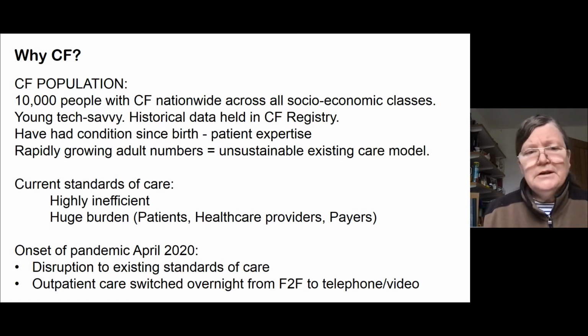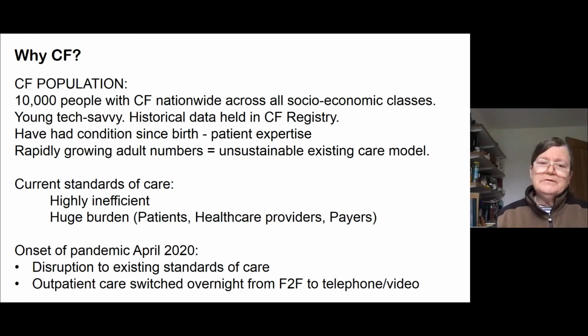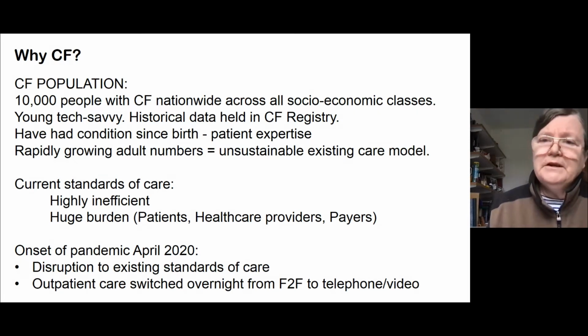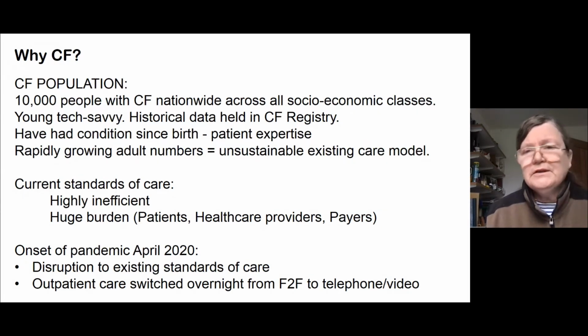One of the features of the current standards of care is that CF is characterised as a chronic condition which is stable for periods of time, but then people with CF suffer acute exacerbations, and these can happen at any time.